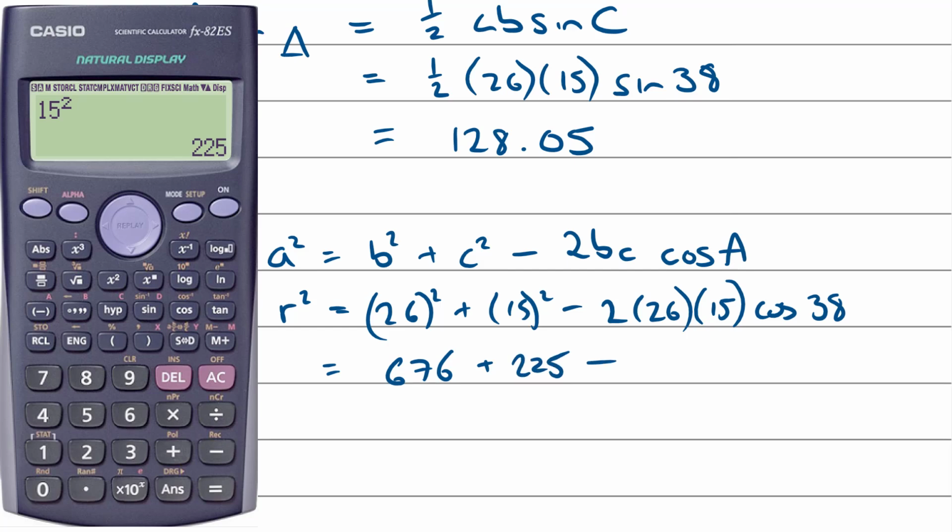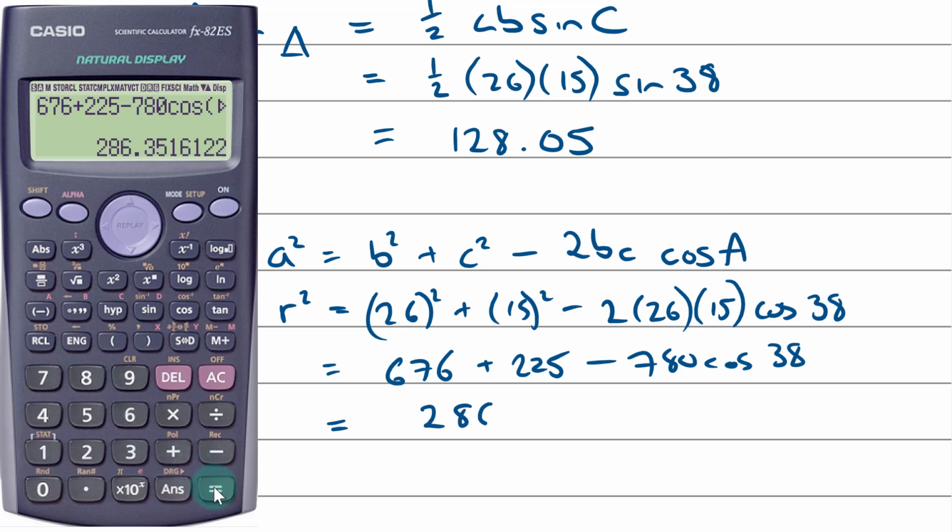Minus 2 times 26 times 15, 780, cos 38. What's that then? 676 plus 225 minus 780 lots of the cosine of 38. I make that 286.3.